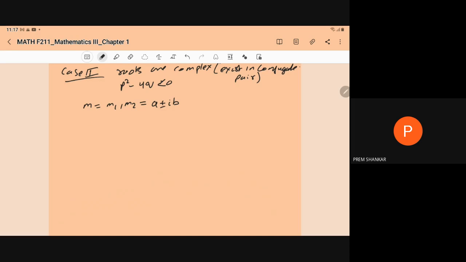And we know that y is equal to e to power mx is a solution of first.